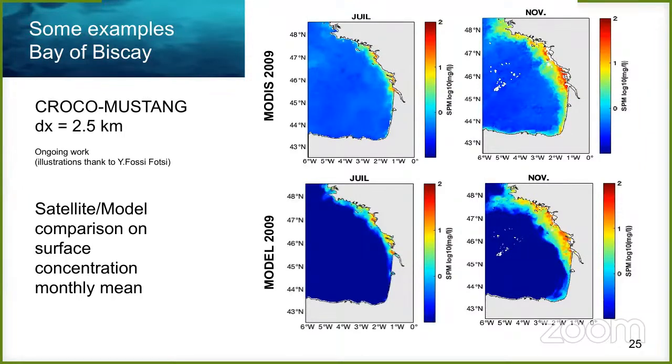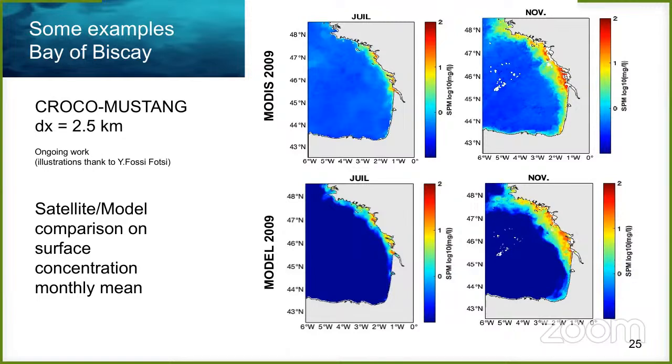This is an example from CROCO, also Mustang, with high resolution on the Bay of Biscay. The idea on this slide is to show how they validate the result from CROCO. Below you have the model, and on the top you have the MODIS product, in different seasons: on the left July, on the right November.